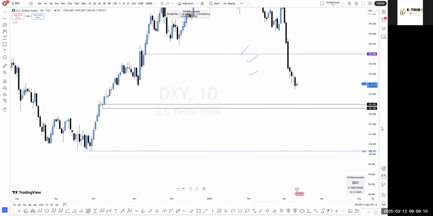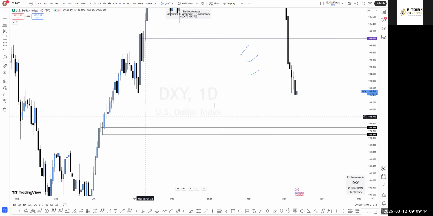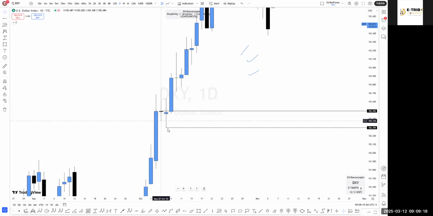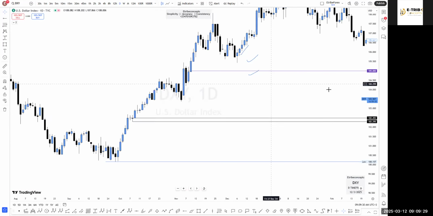We have this structure which tells us this black candlestick. So I'm anticipating probably dollar to drop all the way to this area before maybe we start going bullish from the technical perspective.